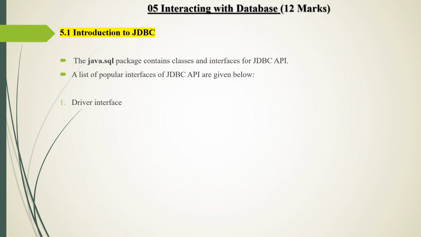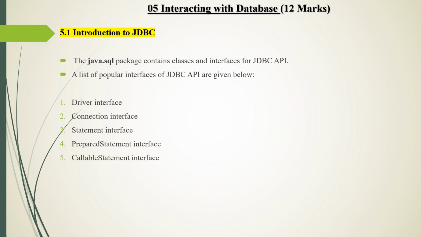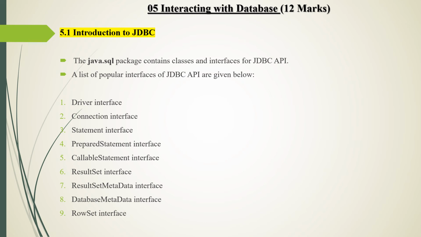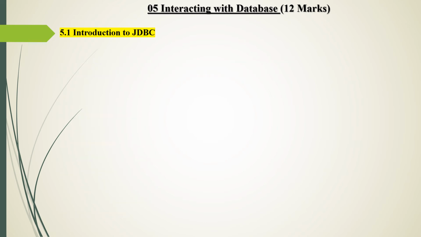First one is Driver interface. Second one Connection interface. Third one Statement interface. Fourth one PreparedStatement interface. Fifth one CallableStatement interface. Sixth one ResultSet interface. Seventh ResultSetMetaData interface. Eighth one DatabaseMetaData interface, and last one RowSet interface.